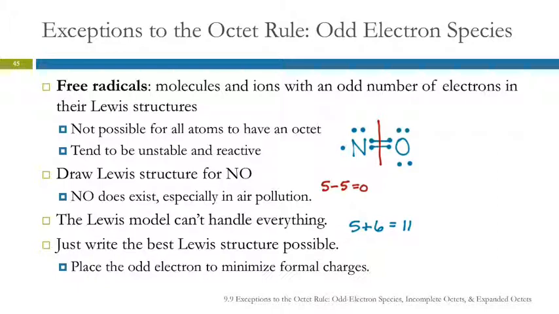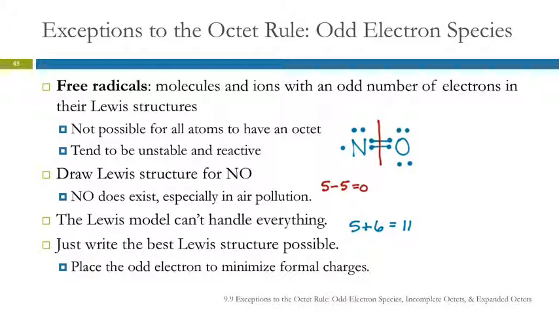I think of it like, these guys came together and formed a corporation, and this guy contributed $1,000 and this guy contributed $5,000, and then we decide to dissolve the corporation, and so we're just going to cut everything in half and see what people end up with. Some people are going to come out ahead, some people are going to break even, some people might take a loss. So in this situation, nitrogen brought in 5 electrons, and it would leave with 5 electrons, and so that's breaking even, a 0 formal charge.